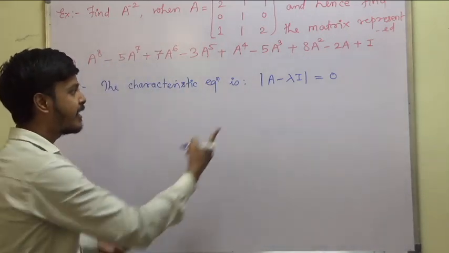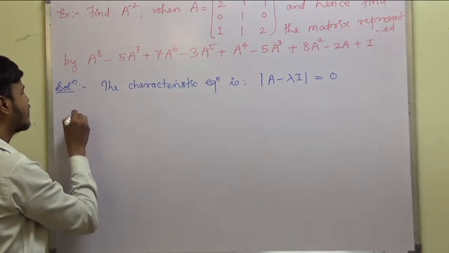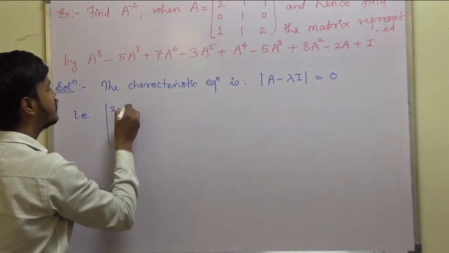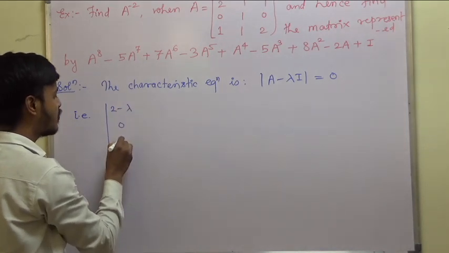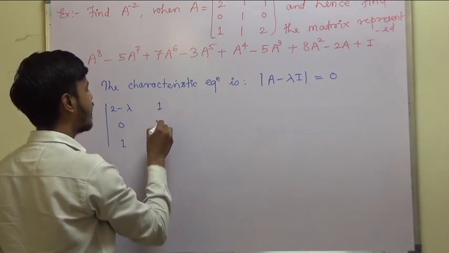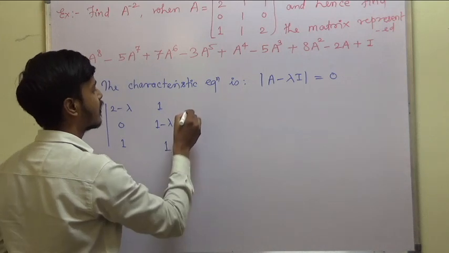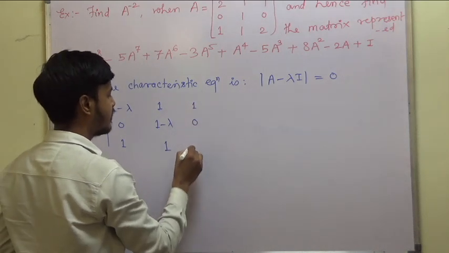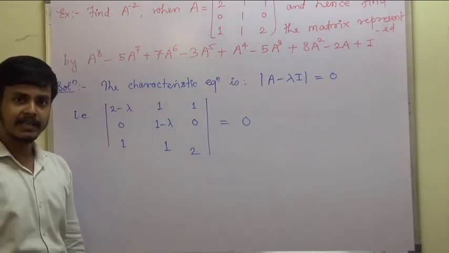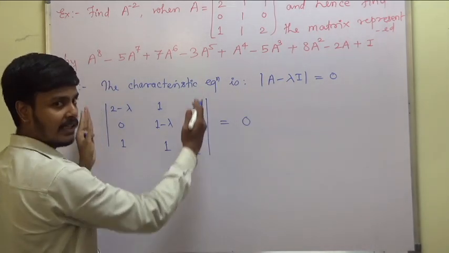Now try to write down this matrix: determinant of 2 minus lambda, 0, 1, then 1, 1 minus lambda, 1, then 1, 0, 2, is equal to 0. So we have written the matrix A minus lambda I within the determinant.